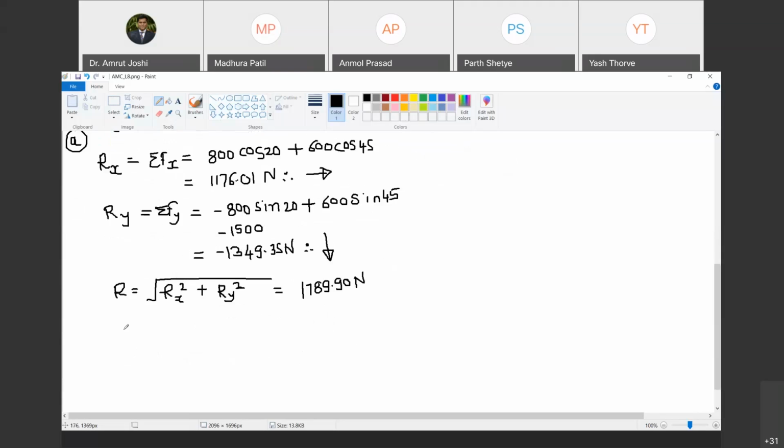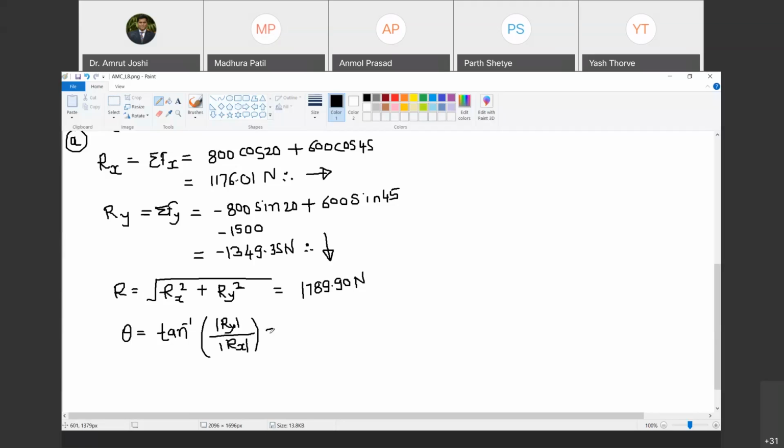And what will be the angle made by this resultant with reference to the x-axis? It will be tan inverse of the magnitude of Ry. I said you should not worry about the sign here because the quadrant is decided by the signs of Rx and Ry. So it is going to be the magnitude of Ry divided by the magnitude of Rx.